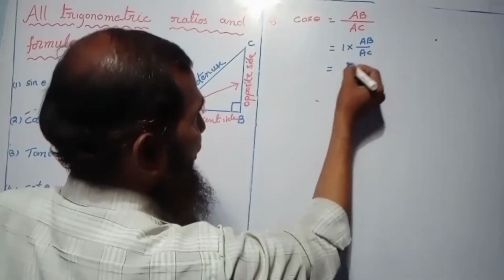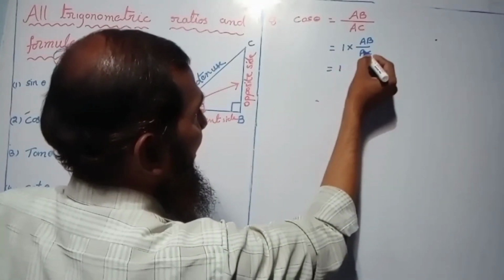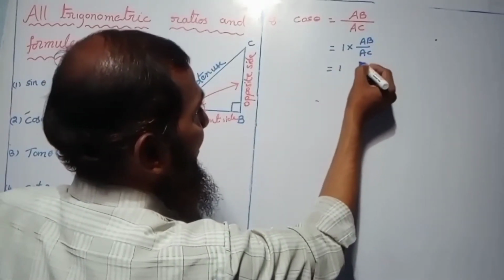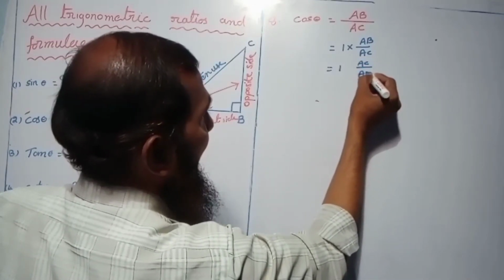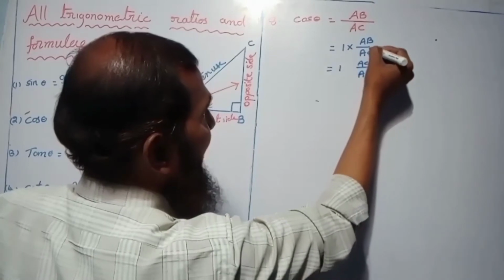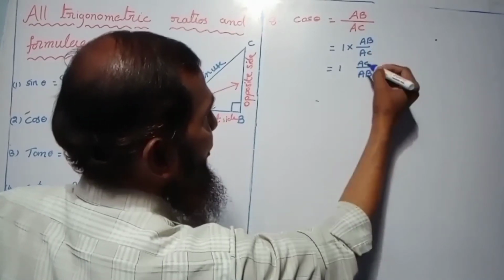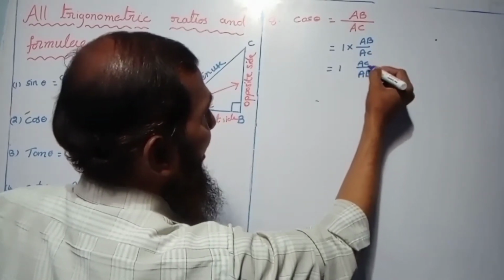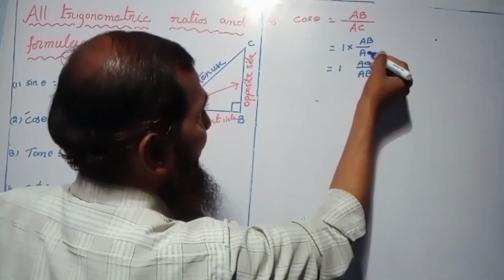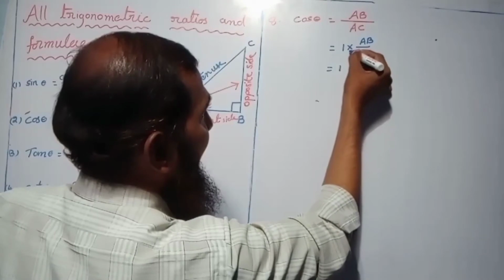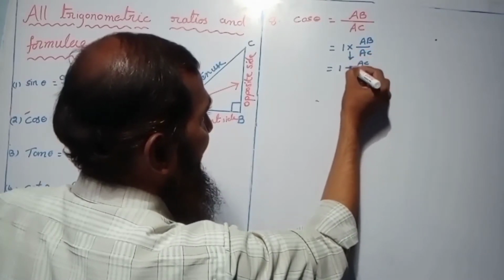It is a fraction. In this fraction I am going to interchange the numerator and denominator. It means AC by AB. If I interchange AB by AC, we should get AC by AB. This is called the reciprocal of AB by AC. So when I write the reciprocal, the multiplication symbol becomes divide.